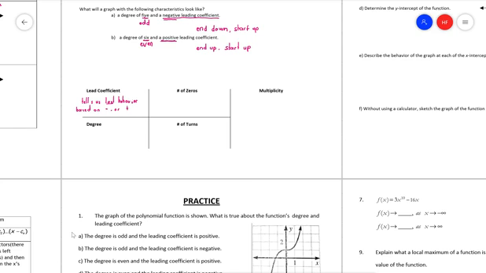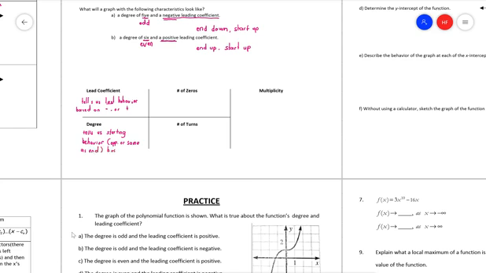The degree tells us the starting behavior. And what I mean by the starting behavior is we have to look at the last behavior first, and then the starting behavior would be opposite or same as end.